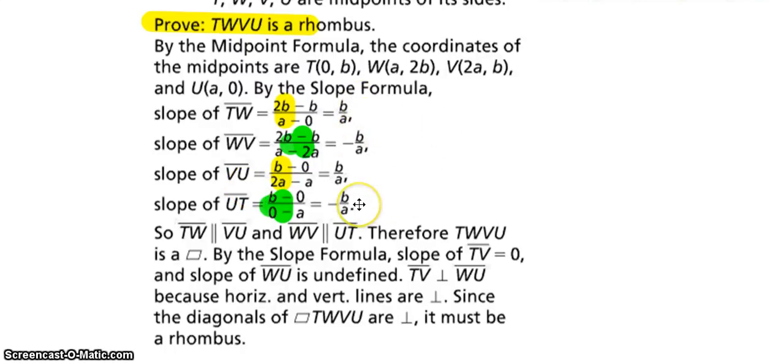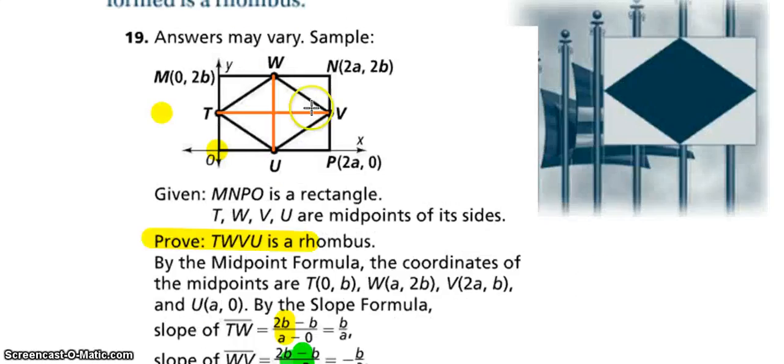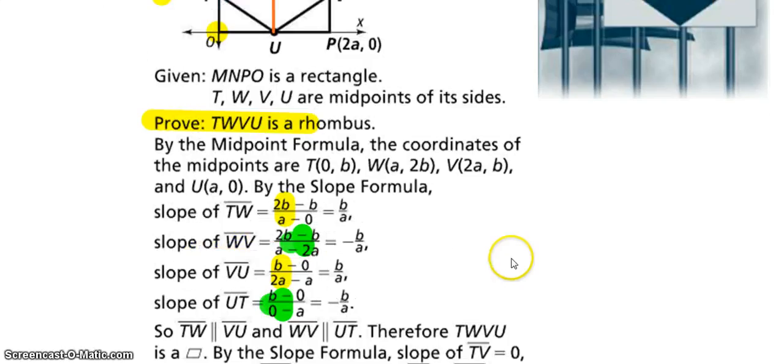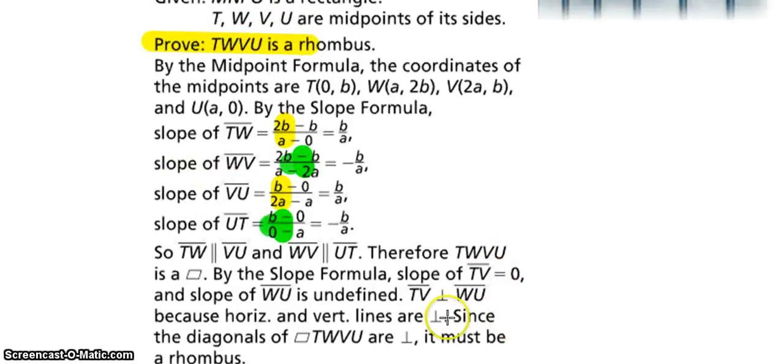We have pairs of parallel lines, and then we know that the lines that would connect the points of what I want to be a rhombus would in fact be perpendicular because I know that they are the same slopes as my axes. So since they are perpendicular and they are the diagonals, that makes that shape a rhombus.